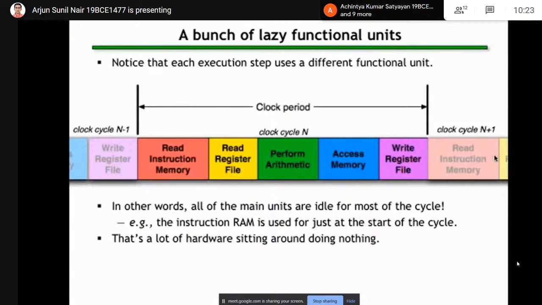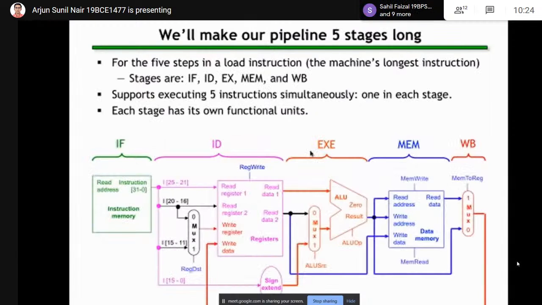So to execute one instruction it takes n clock cycles, which is pretty bad because we can do this in one clock cycle if we use a pipeline version. These phases are only active in a certain period of those n clock cycles, and that's why they are lazy. In other words, all the main units are idle for most of the cycle. So computer scientists thought, instead of making them idle, why can't we use them simultaneously? That's how pipeline architecture works. Let's go to the next slide, where we will see how it works.